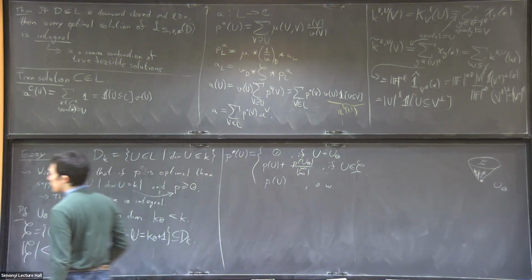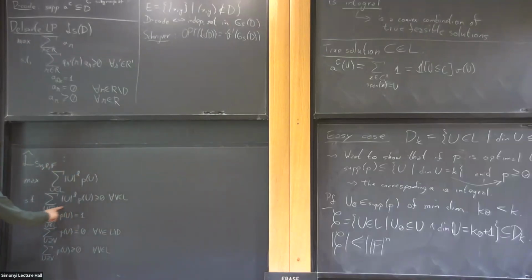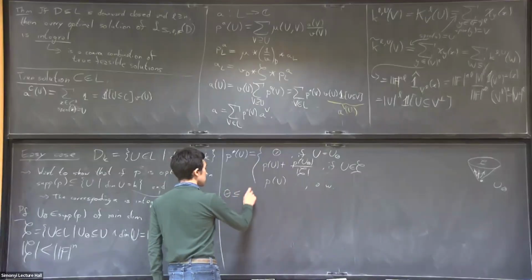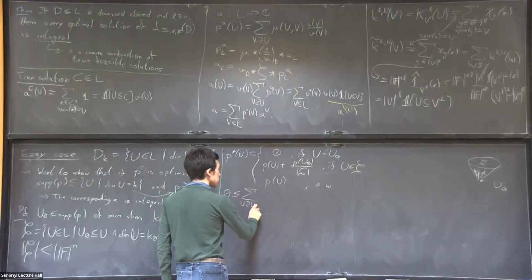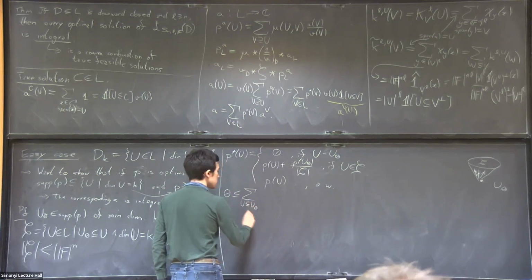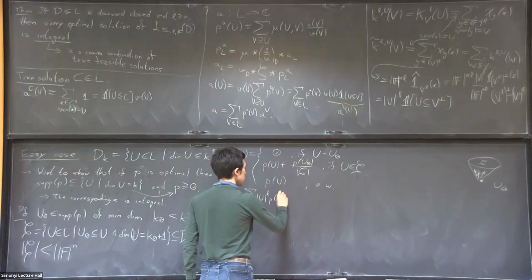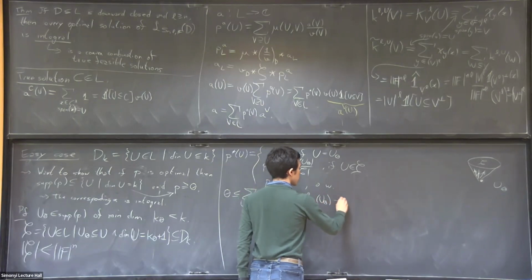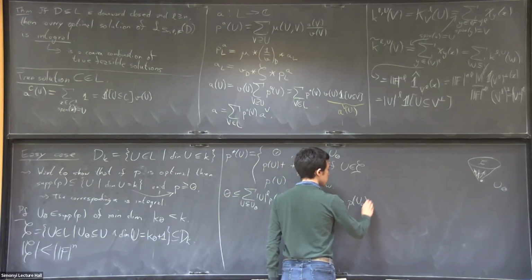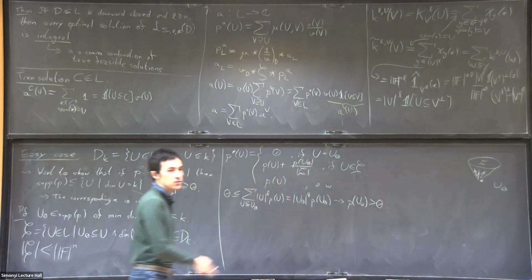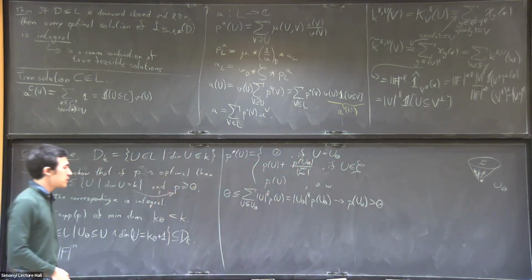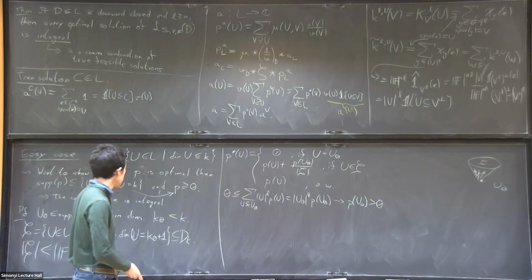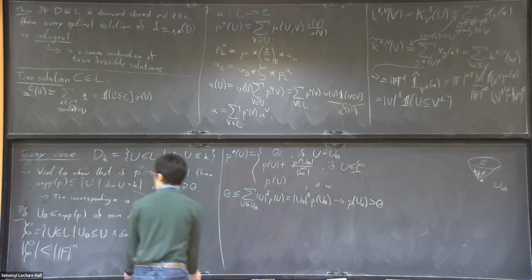Because if you look at this restriction when V is equal to U0, you're going to get the sum over U containing U0, for U below U0, of U to the L, PU. But this is just U0 to the L, PU0. Therefore PU0 is greater or equal to 0, but I know it's not 0. So I'm actually pushing mass up. All I need to do is check that I'm retaining feasibility and that I'm improving the objective value, right? Okay, so let's do that.